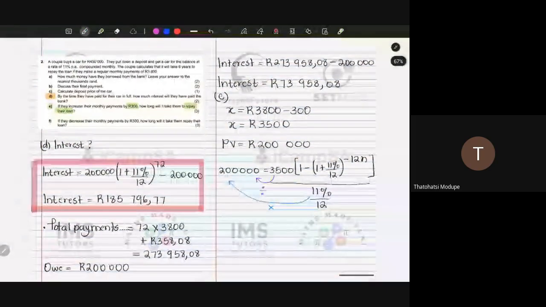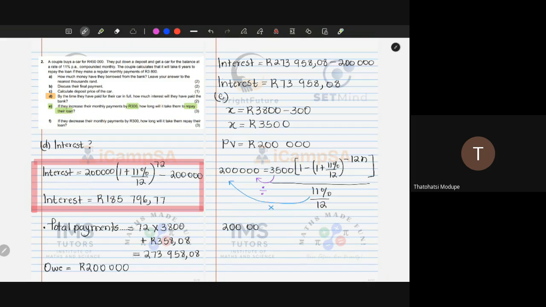So if you look at what will happen, I'll have 200,000 divided by 3,500 and then multiplied by 11% divided by 12. And what I now have on the other side is simply 1 minus. I need someone to quickly punch in that 1 plus 11% divided by 12. What does it become?